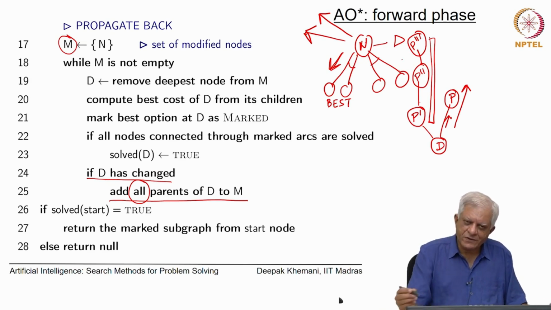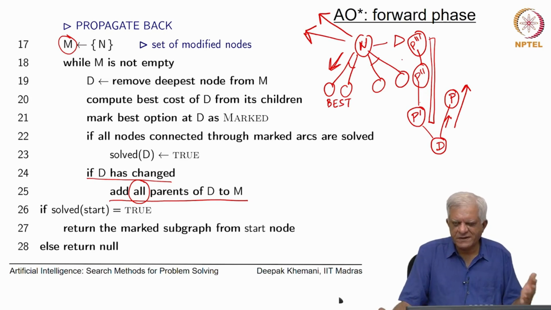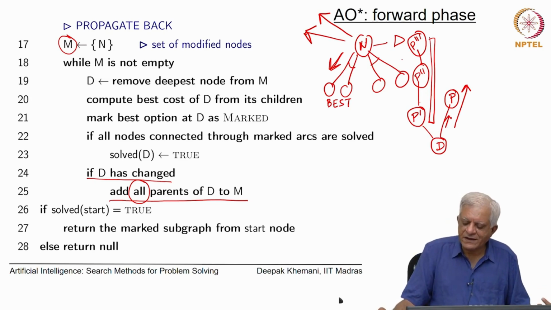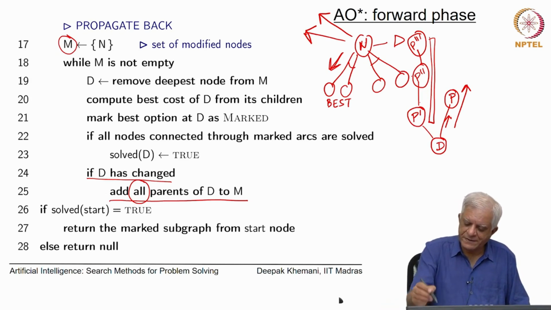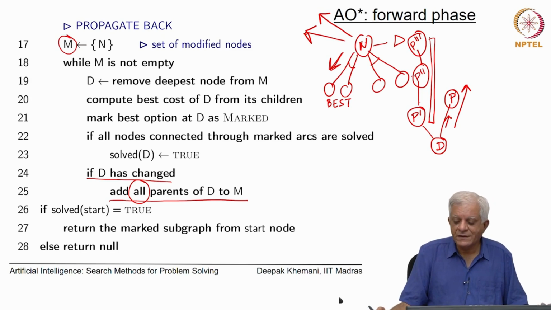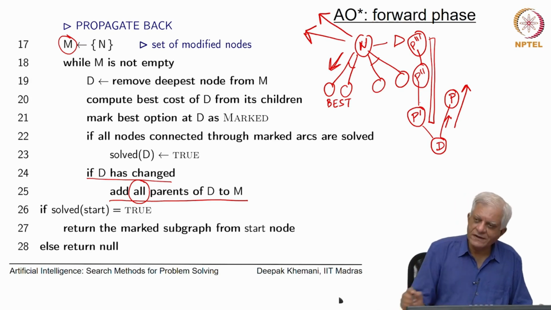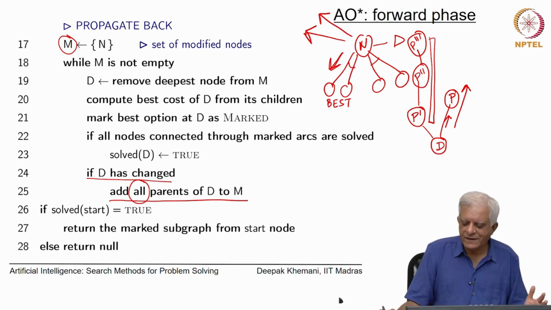So, if you do not propagate it to other branches, then it is possible that the algorithm may have a mistaken notion of what it is like, and it may unnecessarily either explore that branch which is this P prime, P double prime, P triple prime, or worse, it might ignore that branch, if we have not realized that it is becoming better essentially. So, for that reason, this is a necessary condition for the algorithm to be correct.